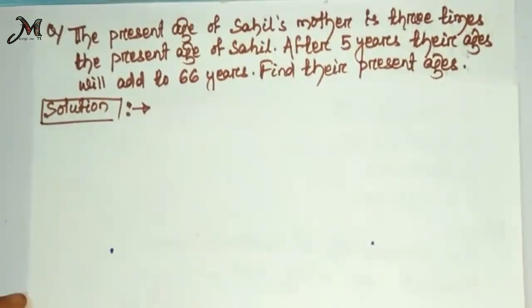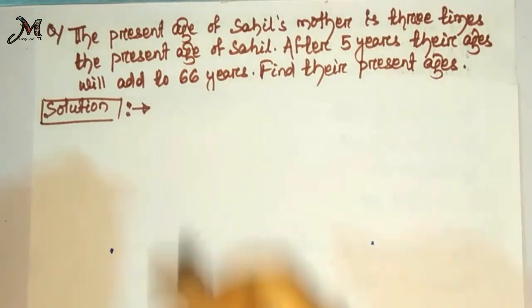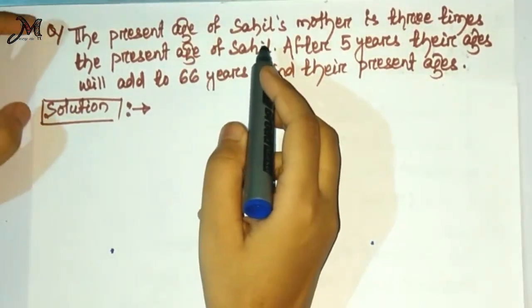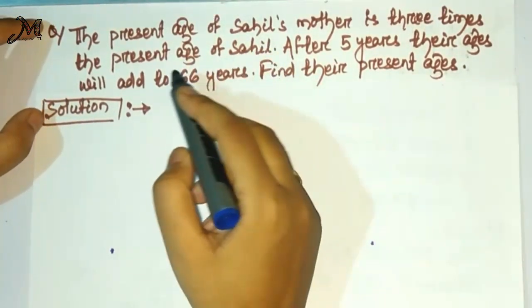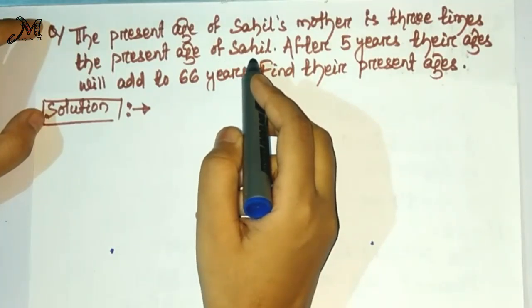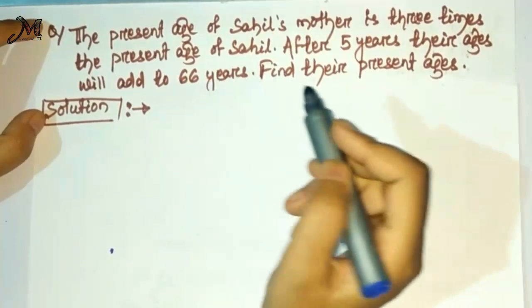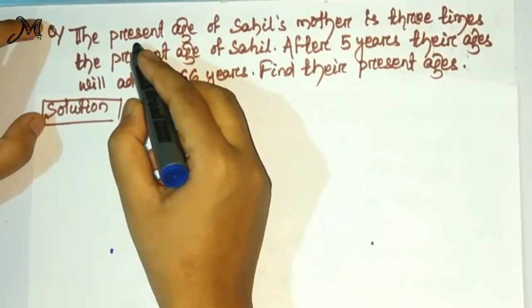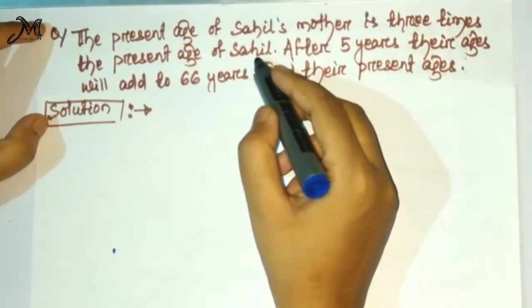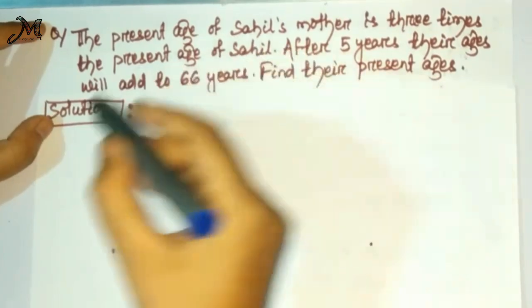So now we will solve another example, one age related problem. So what is given? The present age of Sahil's mother is 3 times the present age of Sahil, and after 5 years their ages will add to 66 years. So let's take the age of Sahil as x.